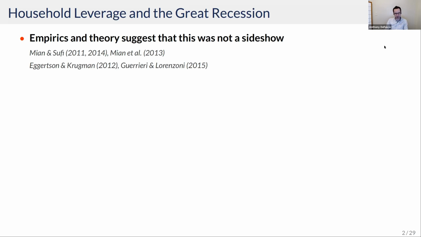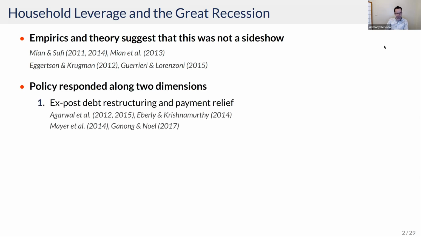They're also facts that were not lost on policymakers at the time that all of this was going on. There was a two-pronged policy response to this. The first is, in the immediate aftermath of the financial crisis, there was a host of what we would call ex-post policies put in place geared towards trying to relieve the existing debt that had already been accumulated.